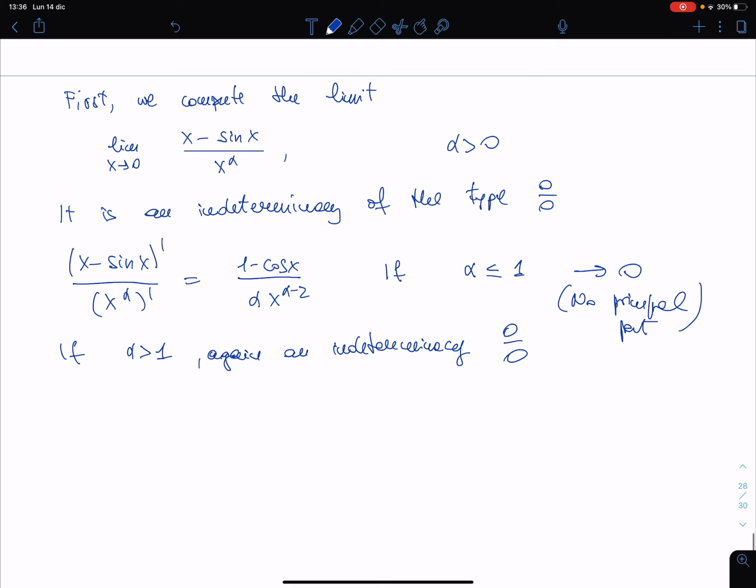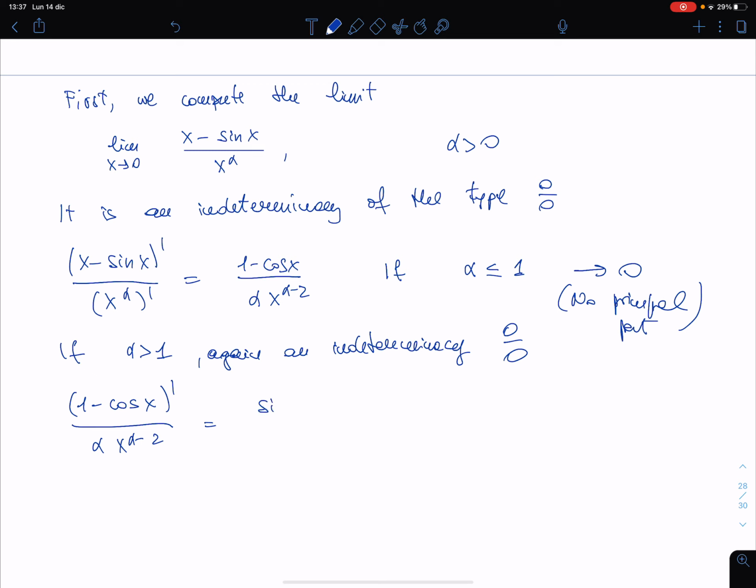So let us use L'Hopital again. 1 minus cosine of x prime divided by alpha x to the power alpha minus 1 prime.